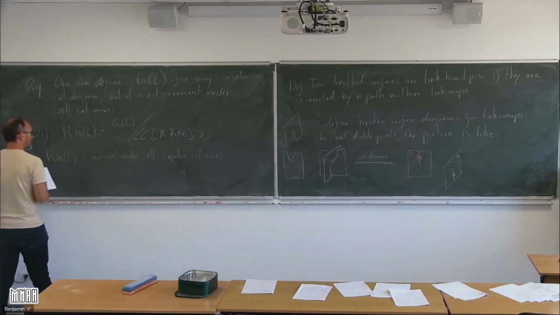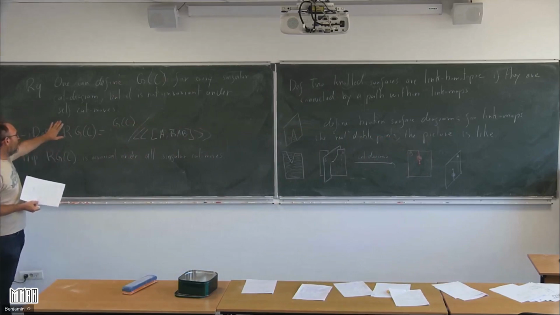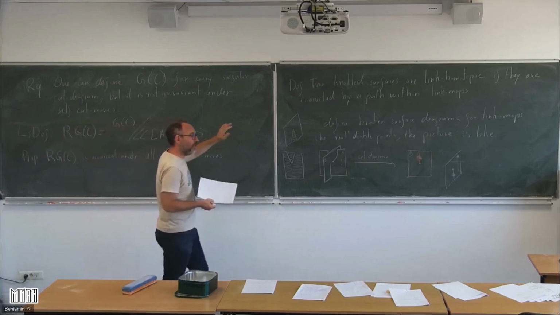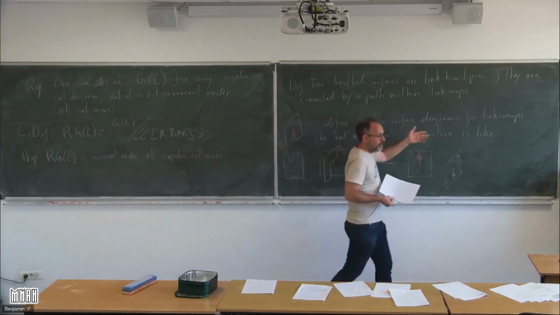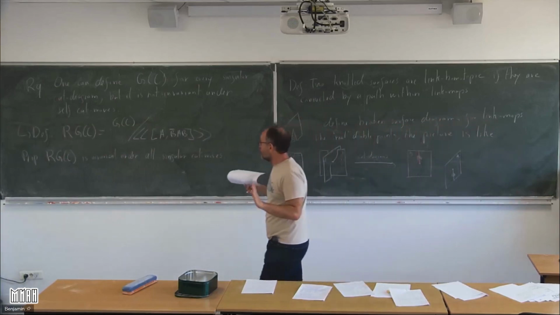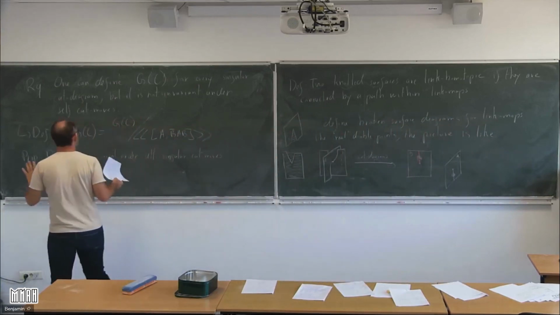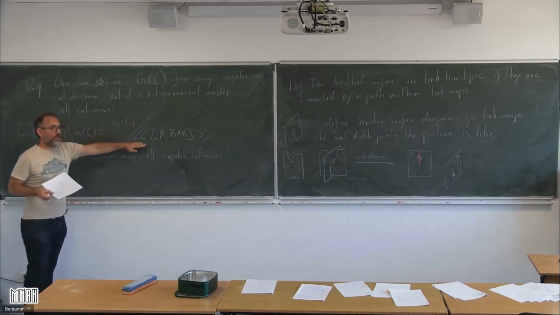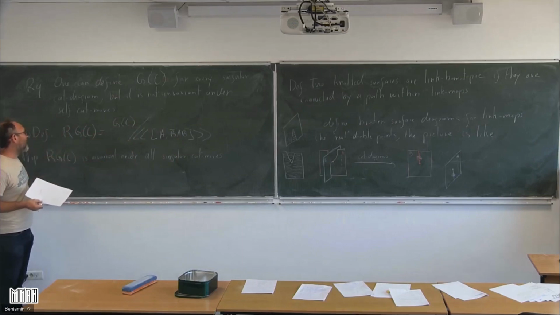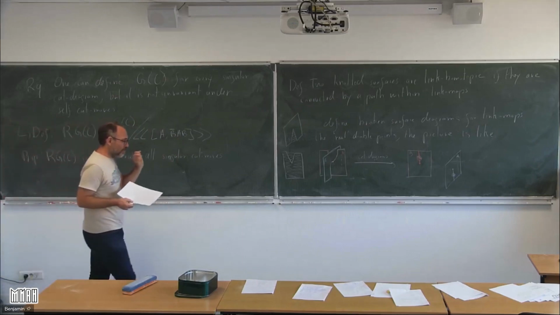In the regular case, when I had G of C, I was able to define meridian, longitude and peripheral systems. Here you can just do the same, except that every time you look at the image in this quotient. Actually, it's not exactly true.